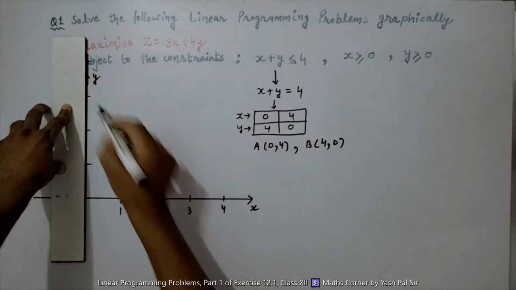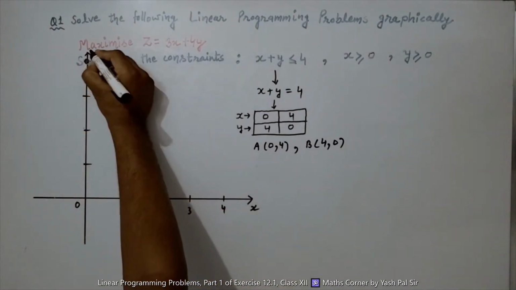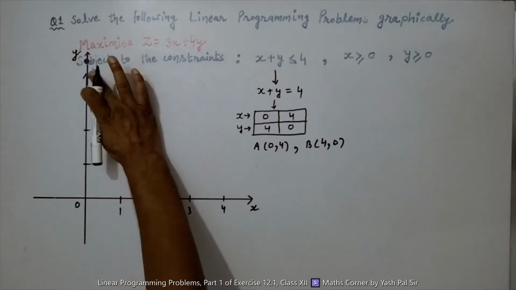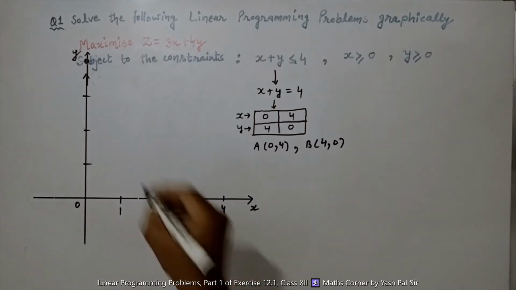So this is the point y is equal to 4, right? The very first point, A, is x is 0, y is 4.